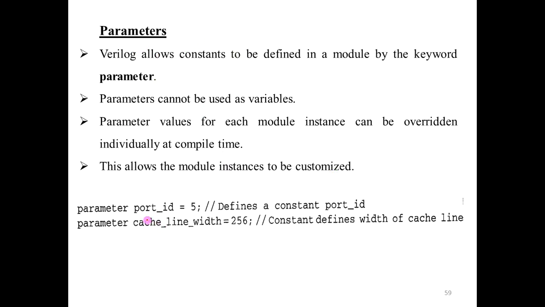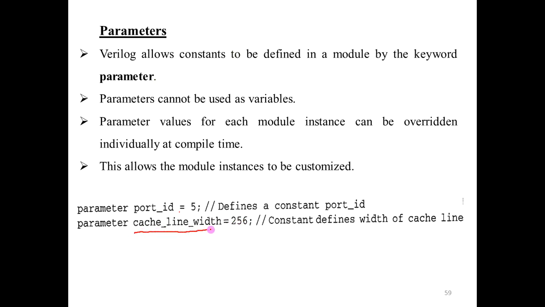Parameter is a keyword, and port_id is a variable name which is equal to 5, means wherever port_id comes in your code, everywhere it is replaced with 5. It will be treated as 5. Similarly, parameter cache_line_width is a parameter name which is equal to 256.